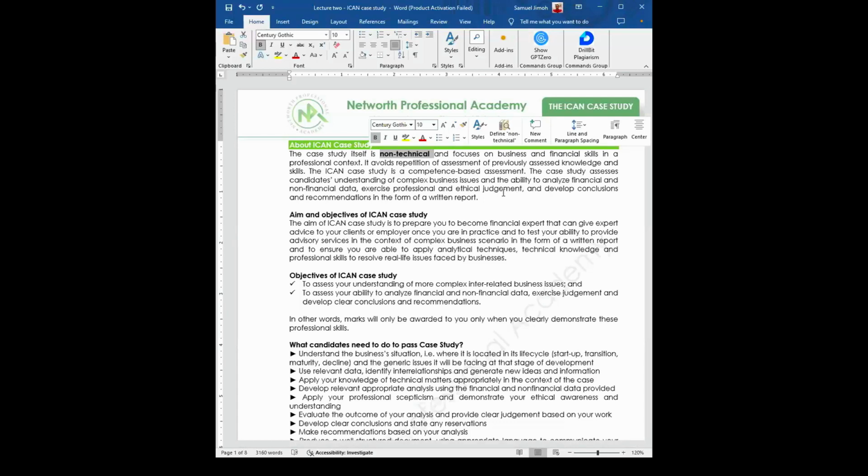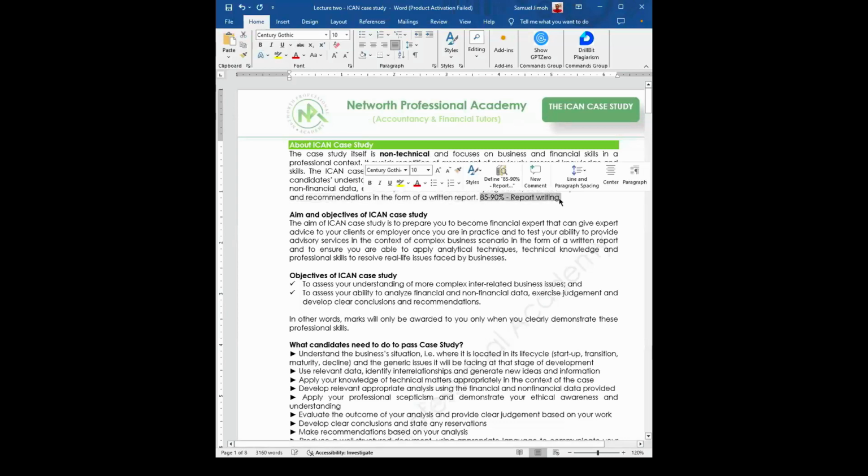The thing you must know right now is that about 85 to 90% of the marks in case study are awarded to report writing. That is what it means when it says non-technical.